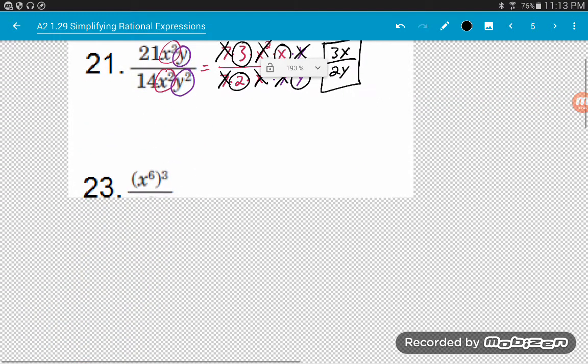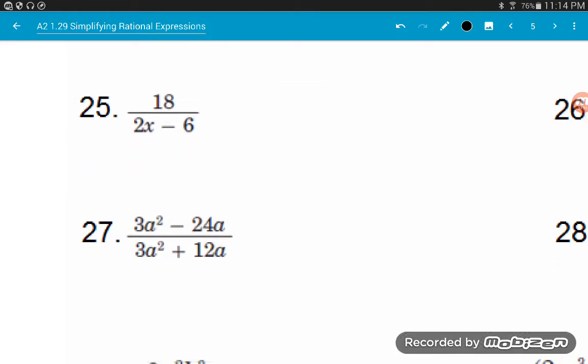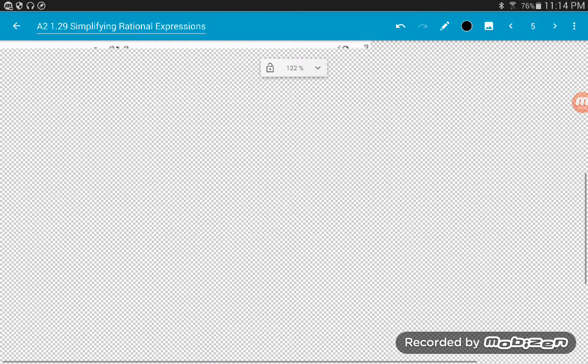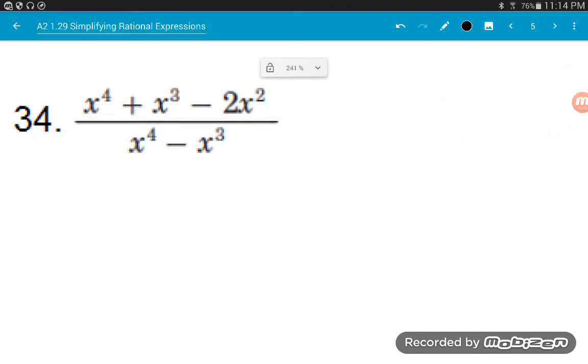Let's do one that requires some factoring, and then we'll move into today's lesson, which is multiplication. I wanted to go over question number 34. Okay, so question number 34. These are polynomials. They clearly need to be factored. The first thing I notice is these all have x's in them, so I'm going to GCF.